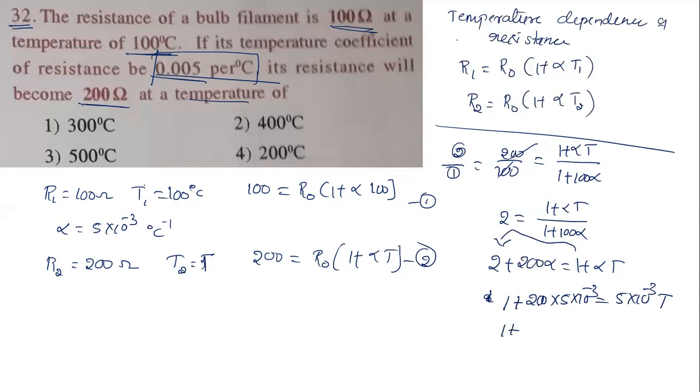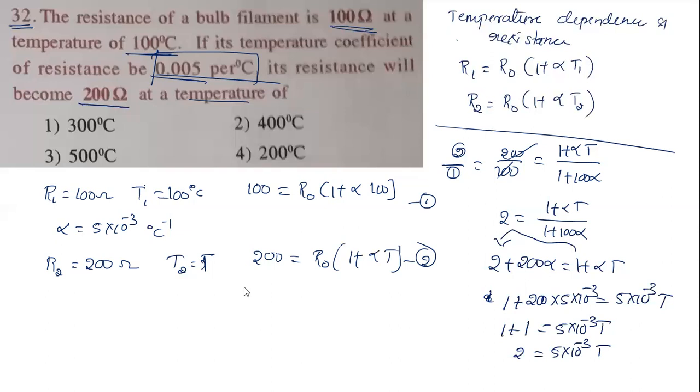That is 1 plus 200 into 5, it will become 1000, which becomes just 1 now, because 10 power minus 3 is there. 1 plus 1 becomes 2 equal to 5 into 10 power minus 3 times T.